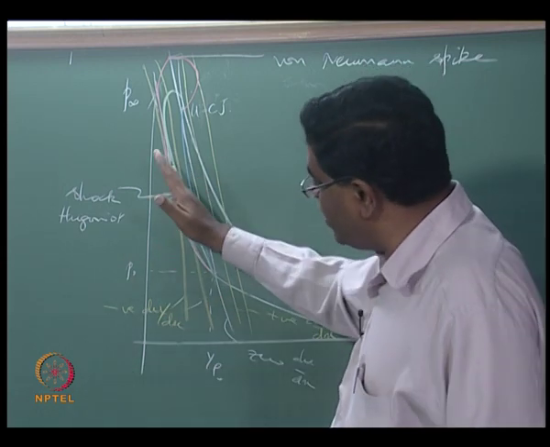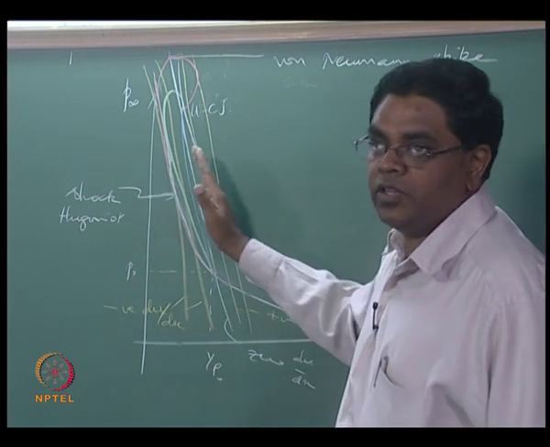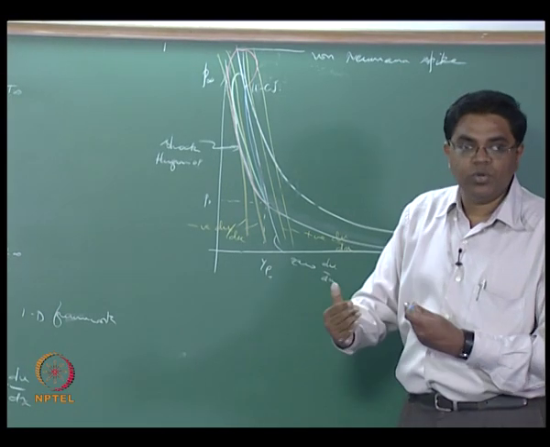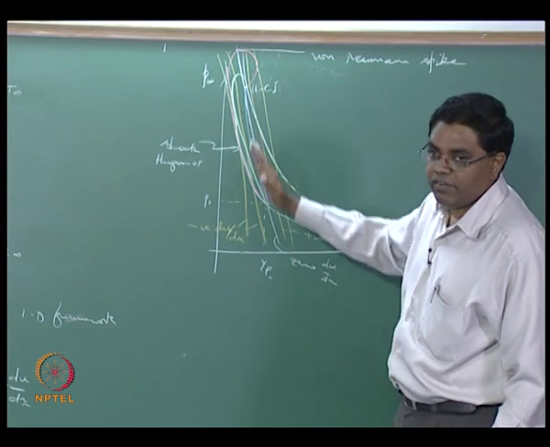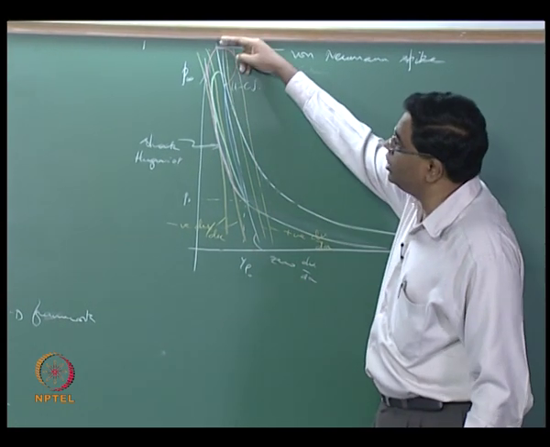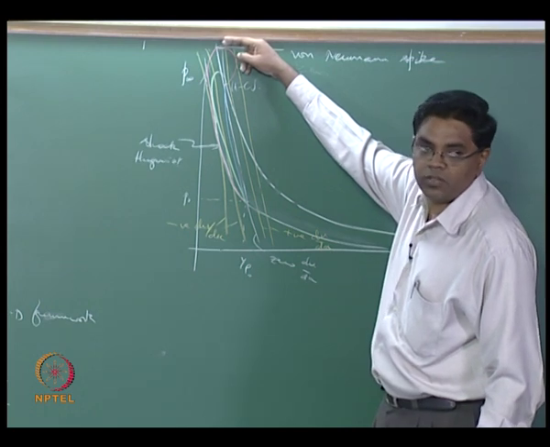That means you are very much farther away from the shock Hugoniot. You are beginning to think about reactions happening even within the initial layer itself as the pressure increases, so you don't really go all the way to the von Neumann spike at all.